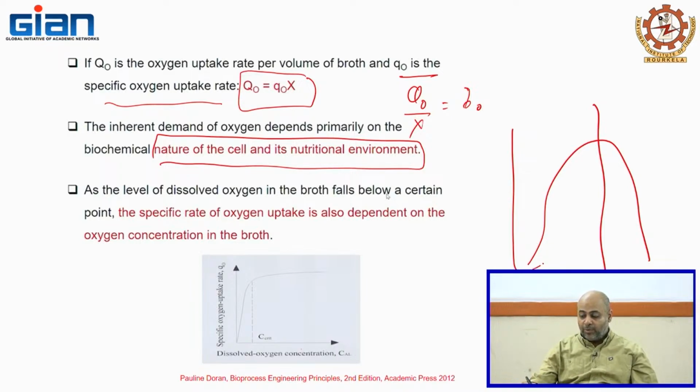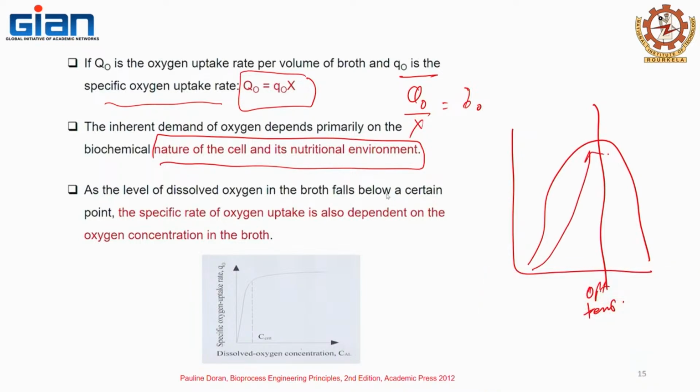But until then it will keep on increasing as I am increasing the temperature. That means more and more metabolism is taking place, more and more cell mass is growing, and my oxygen demand is higher. So the surrounding environmental parameters also impact the amount of oxygen that would be required for the cell to grow. You have to take that into account when you are trying to design your bioreactor.